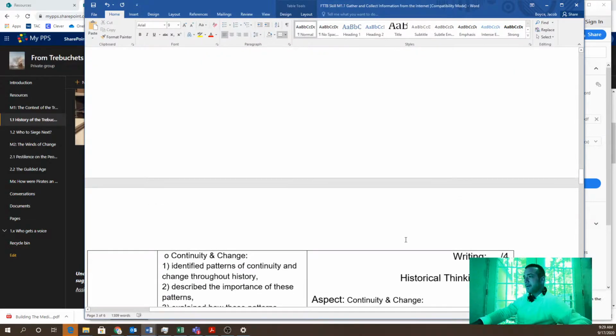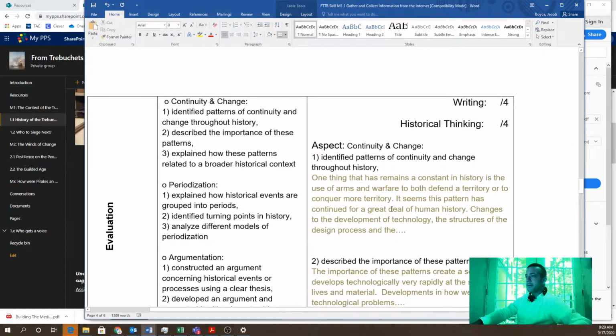So moving on down, we have the aspect of continuity and change. So based on what you've seen with this particular time period, what has remained constant?